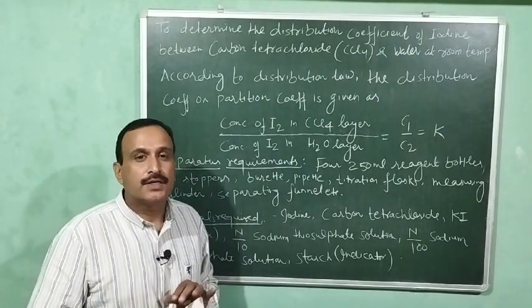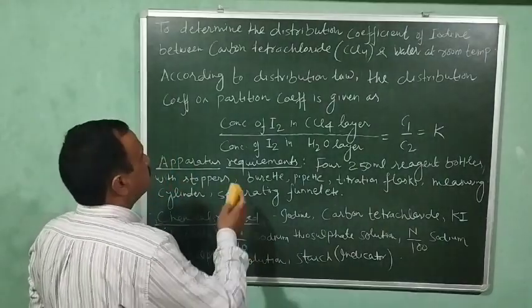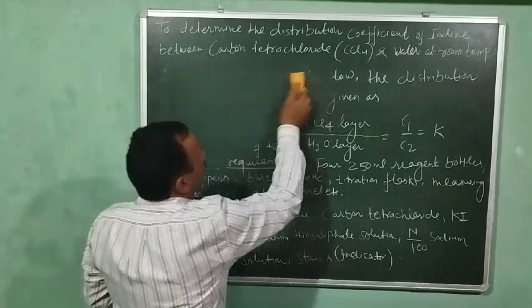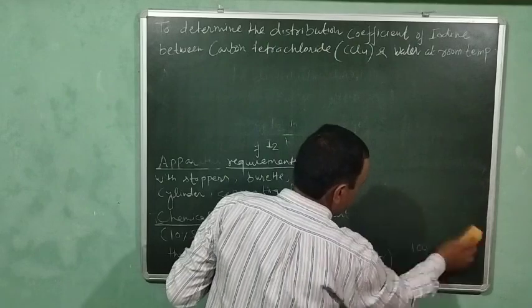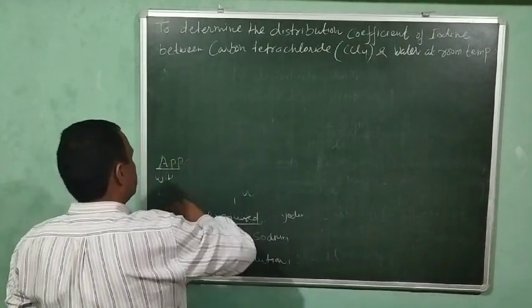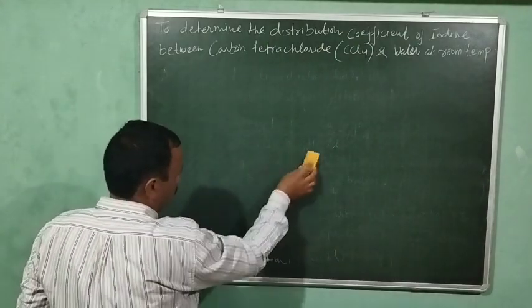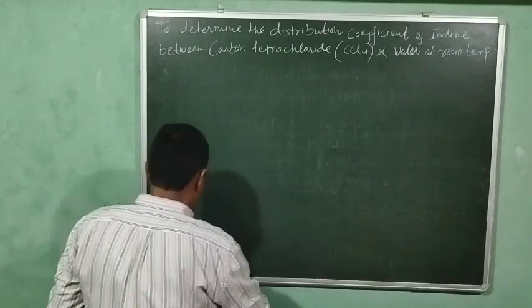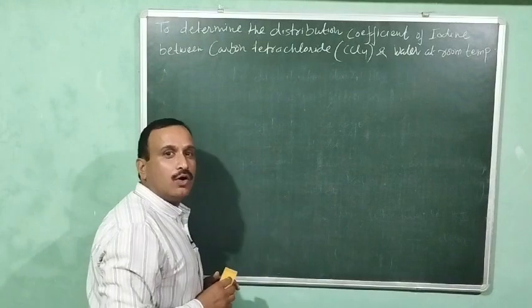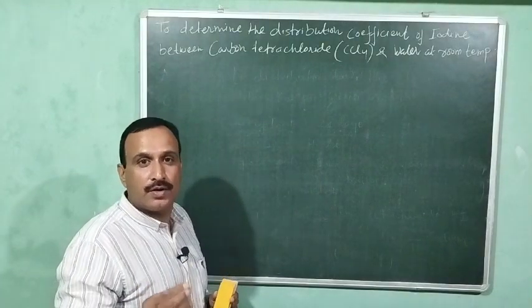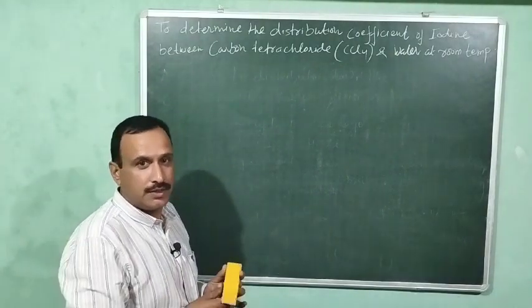Now let us discuss the procedure of this experiment. In the very first step of this procedure, we will prepare a 2% solution of iodine, and it will be prepared by dissolving 4 gram of iodine in 200 ml of carbon tetrachloride.